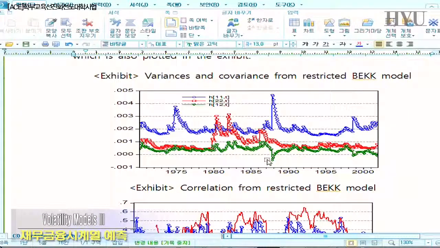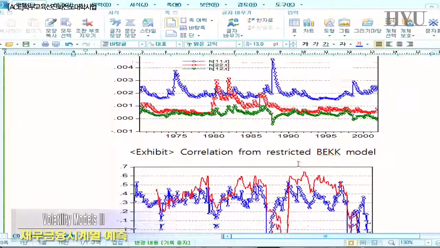And this green one is the covariance. We expect that the bond market is less risky than the stock market, so that has to be there.